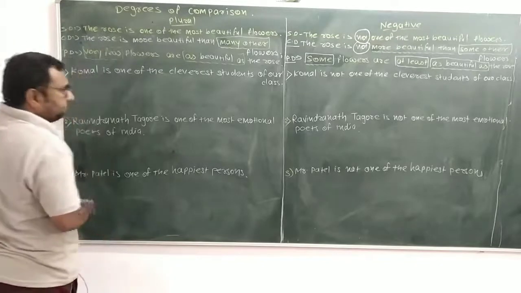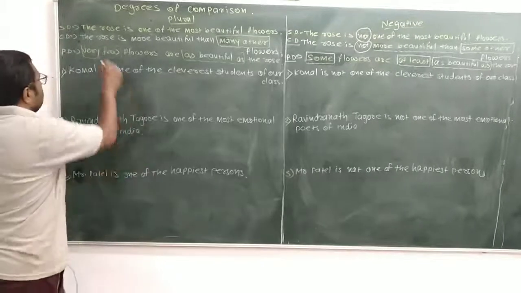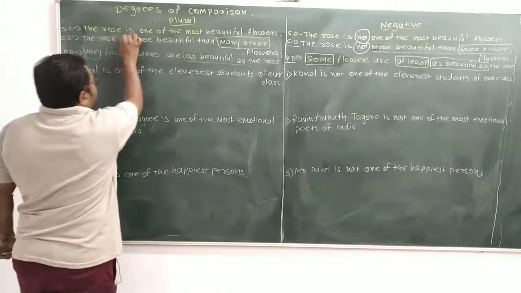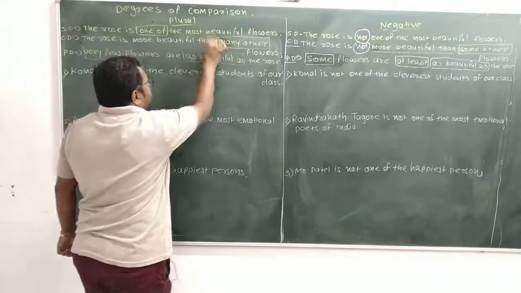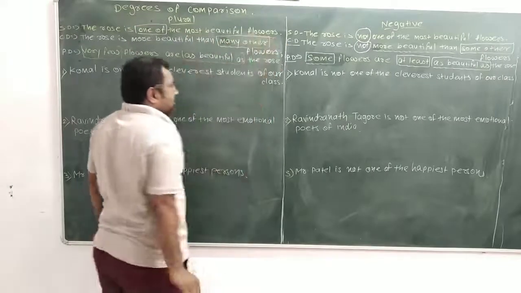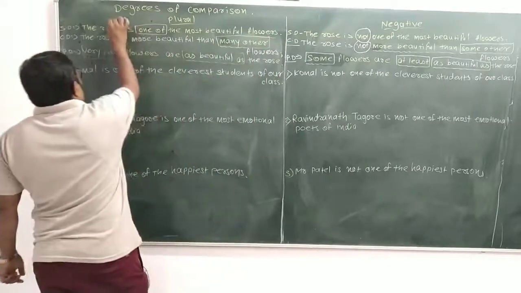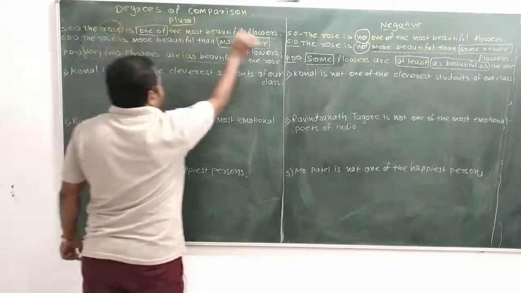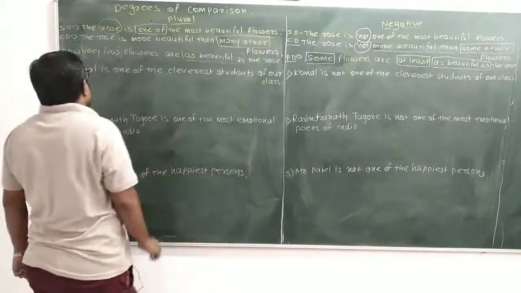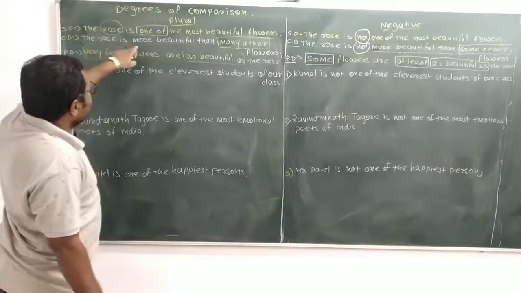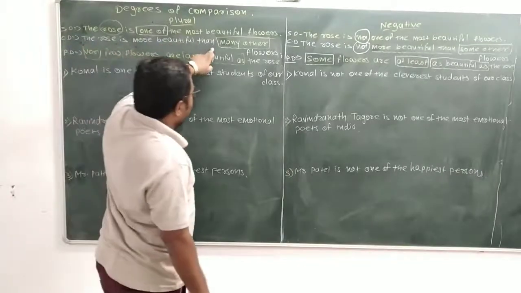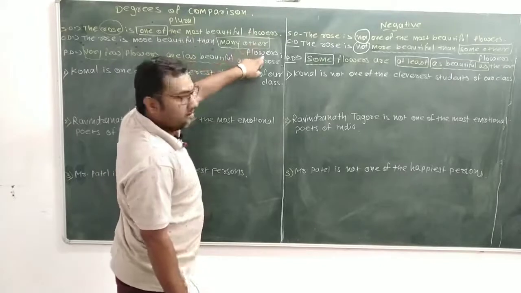Here you can see that the rose is one of the most beautiful flowers. What is rose here? Rose is a flower. When we make comparative degree, the rose is more beautiful than many other flowers.